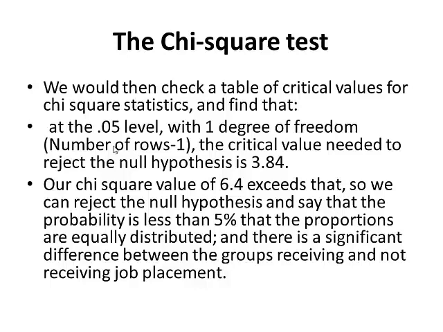So it's rare, it's significant that we would find a difference this large if the proportions were equally distributed. So we can conclude that there is a significant difference between the groups receiving and not receiving job placement.